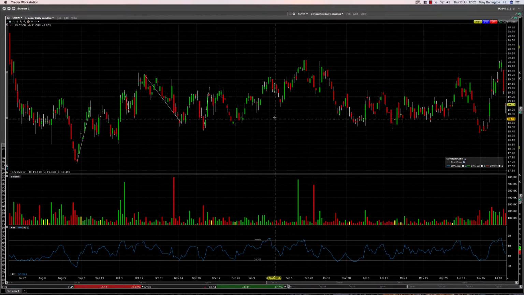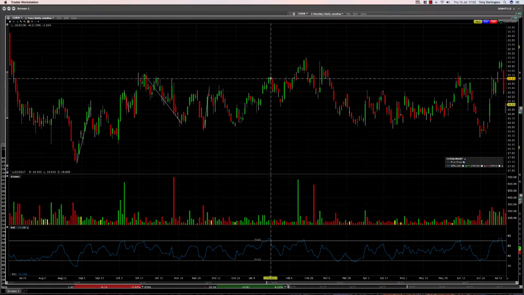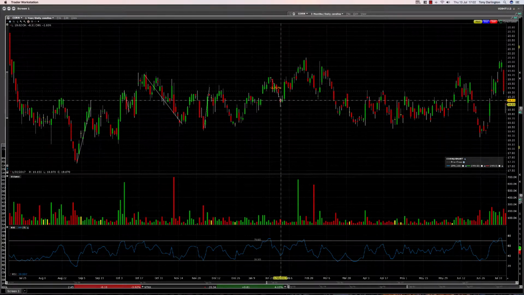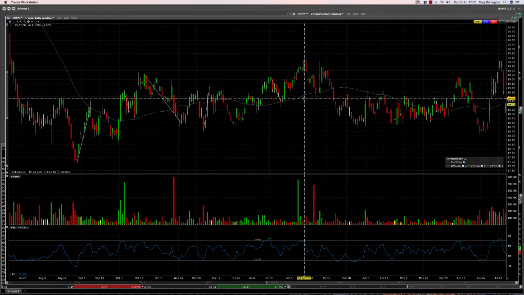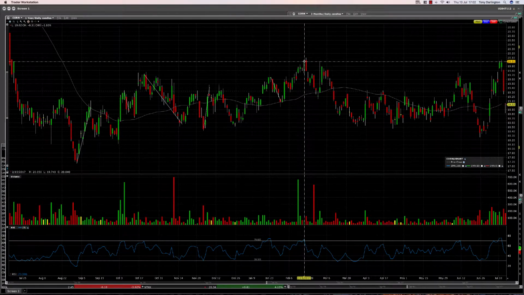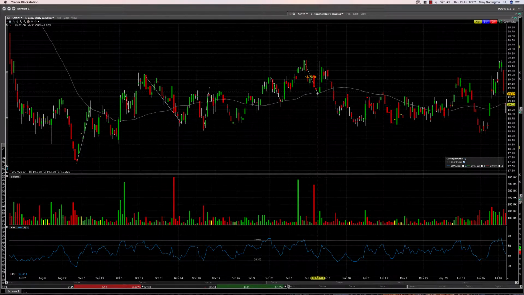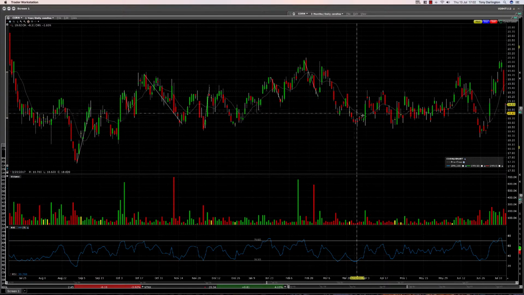You've got another overbought situation here, which is quite a small trade, and that's 2.8%. Overbought again, coming down again, something like 4%.